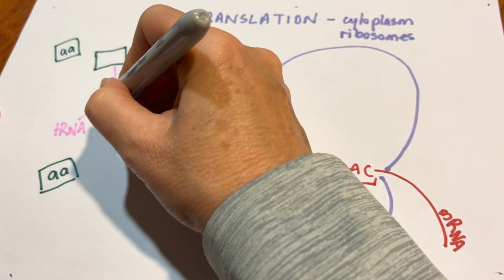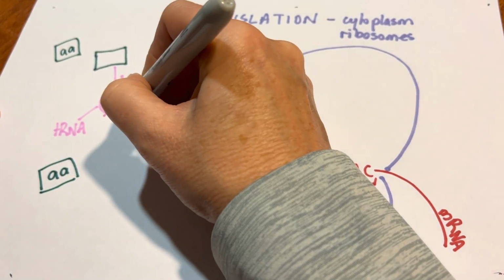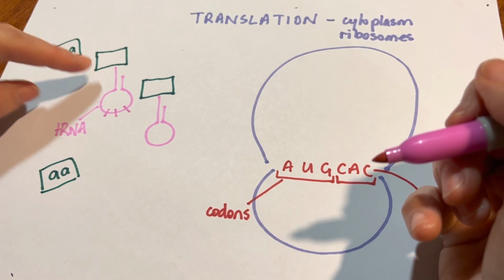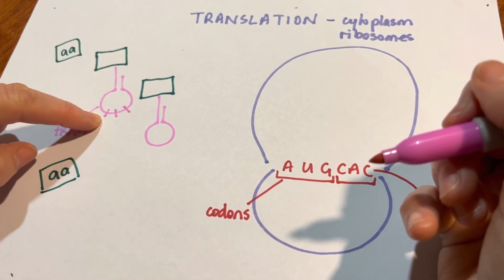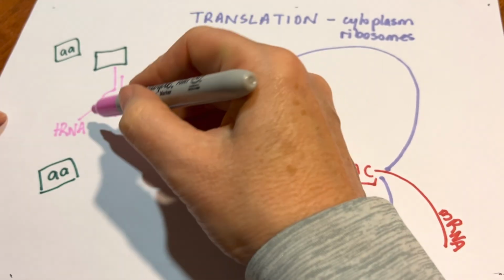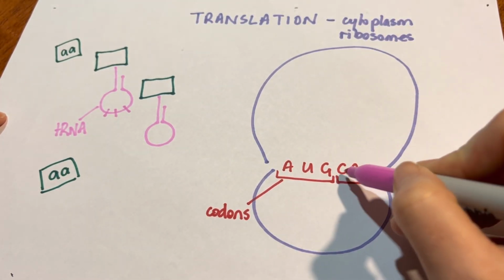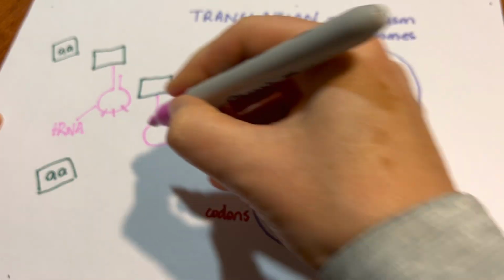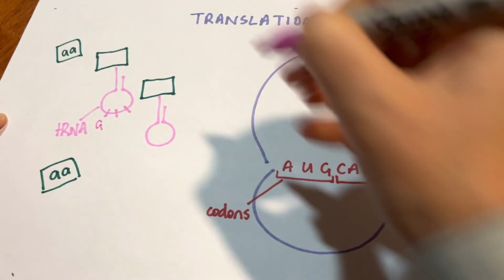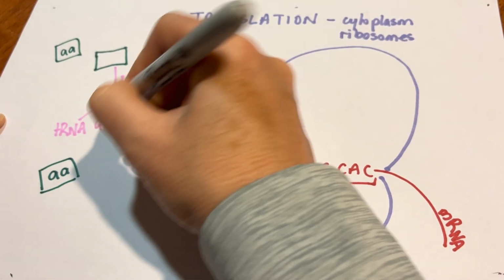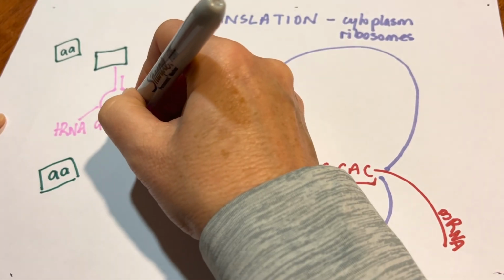So at the very end of each tRNA molecule, opposite to where the amino acid is attached, you have an anticodon. So this tRNA might be the anticodon to this second codon here. So it would be G to match the C, then a U, and then another G.